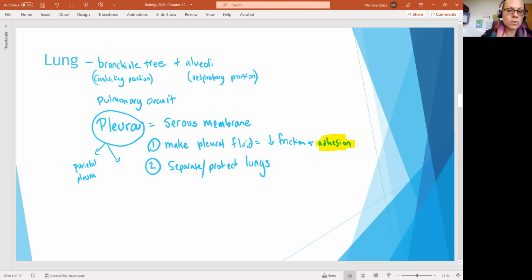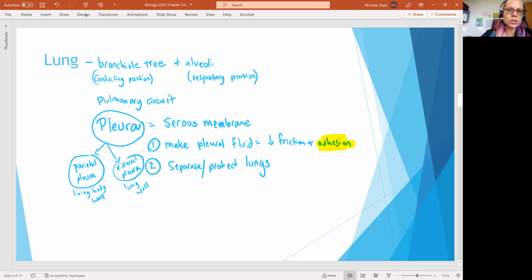Visceral's guts. That's your organ. So your visceral pleura is basically your lung wall, whereas your parietal pleura is going to be lining your body wall.